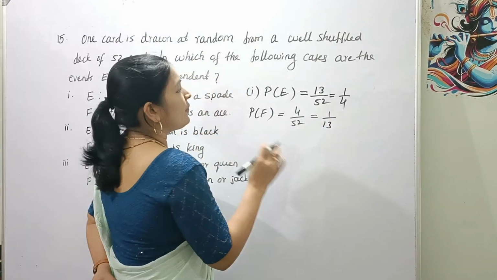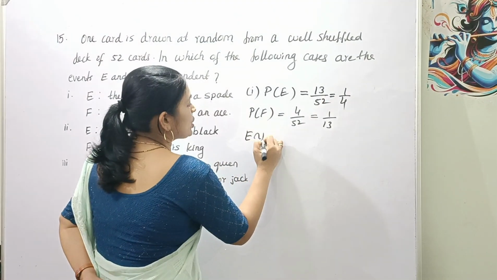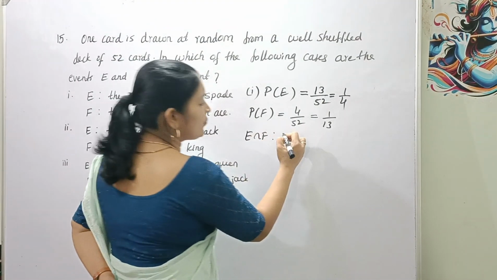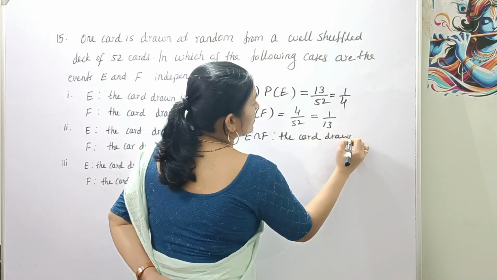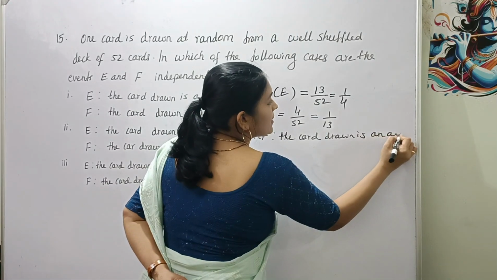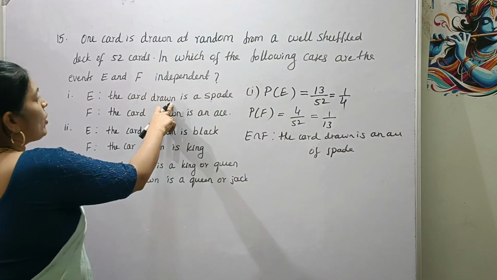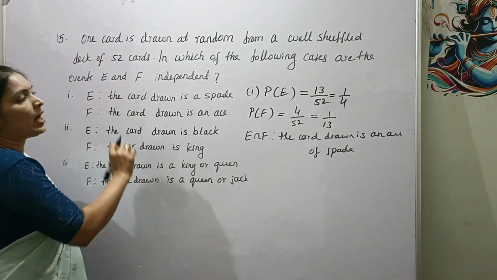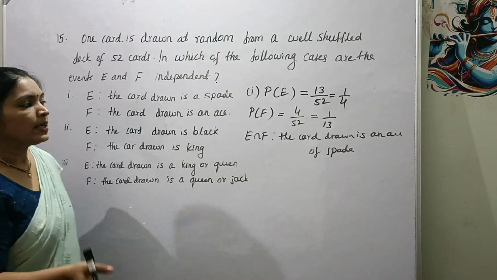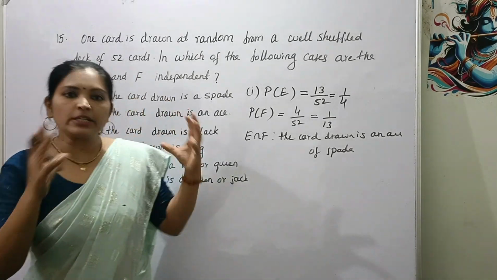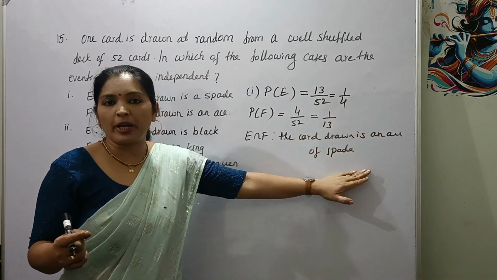Right? Next, we need to find probability of E intersection F. So what is the event E intersection F? E intersection F is the event the card drawn is an ace of spade. Because E is the event the card drawn is a spade, and F is the event the card drawn is an ace. Therefore, the intersection is the card drawn is an ace of spade.